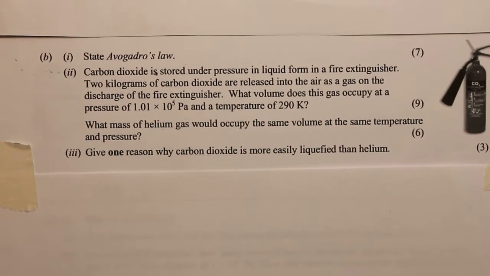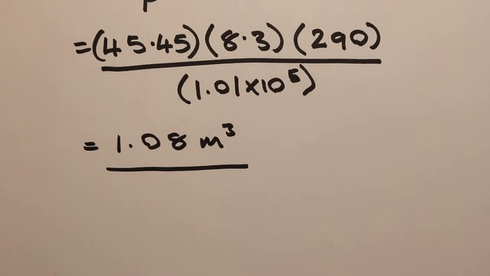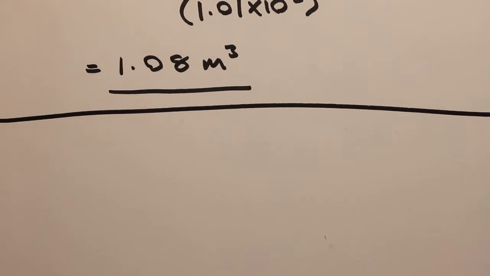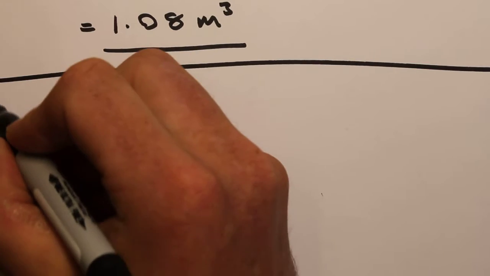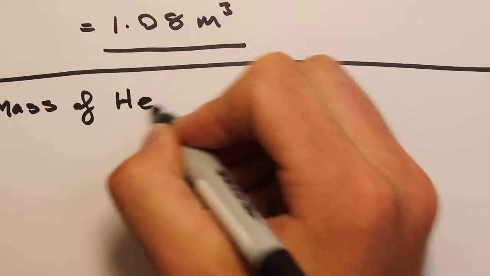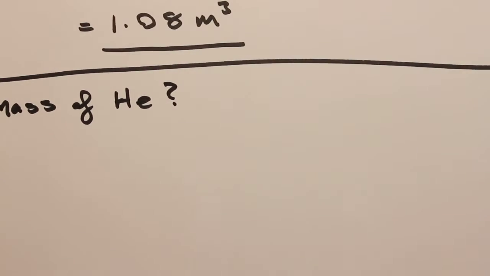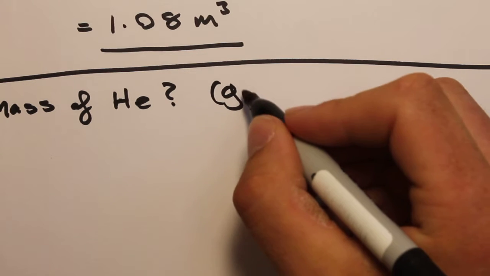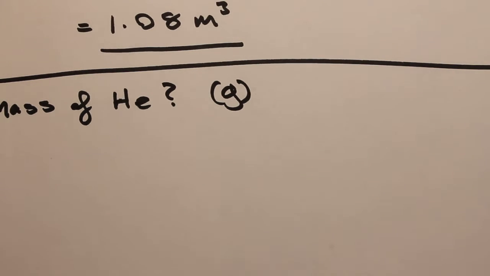So what mass of helium gas this time? Okay. So we're looking for the mass of the helium, and mass is measured in grams. So we're looking for a unit in grams.